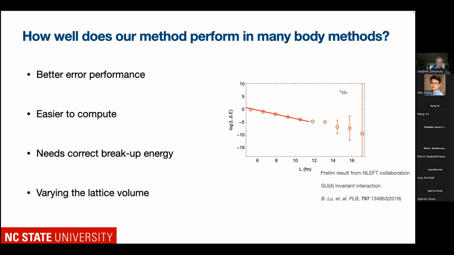In this case, helium-4 is something where we can get a really accurate breakup energy, but when you go to larger nuclei, for example oxygen-16, the breakup energy is also going to miss, even in our case.